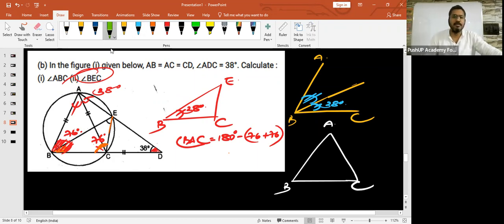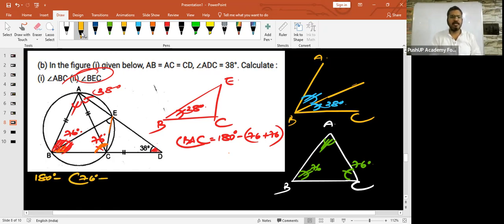In this triangle ABC, how much is this whole angle? 76. How much is this whole angle ACB? That is also 76. How much would be the third angle? Angle sum property, isn't it? So that would be 180 minus 76 plus 76, which is 180 minus 152, and that is equal to 28 degrees. So you got this angle as 28 degrees.